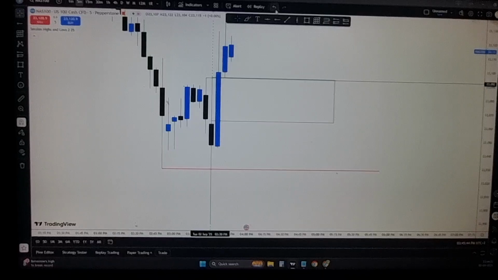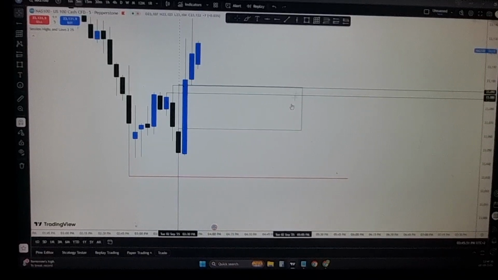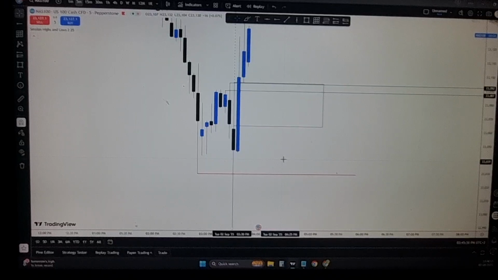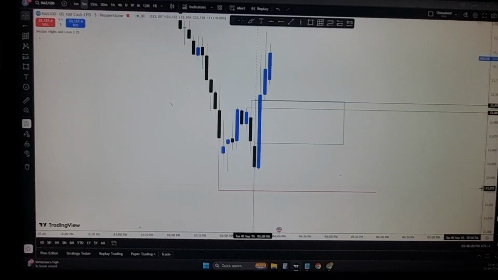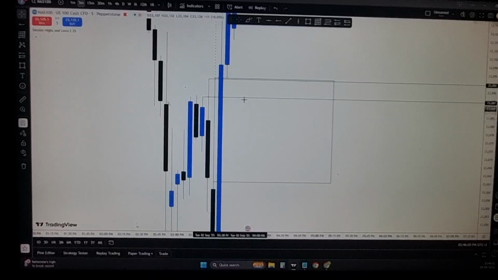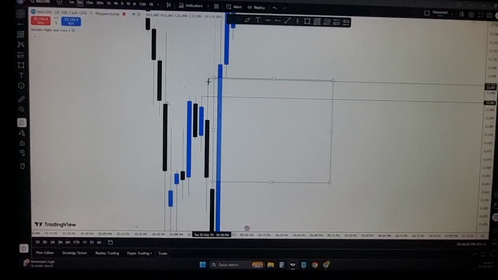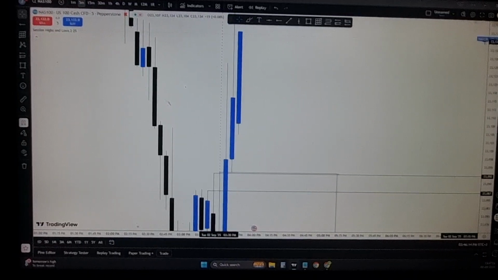Okay, order block, breaker block, and then fair value gap over here. We did not tap this order block, so we're still due to come down for this order block, hopefully.